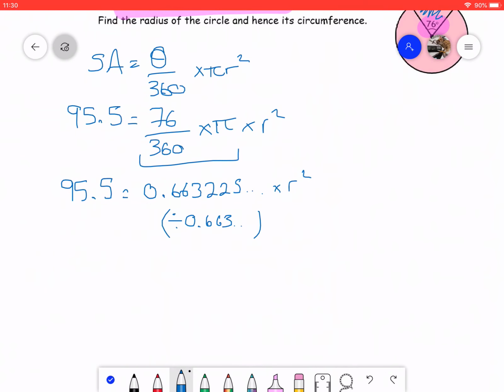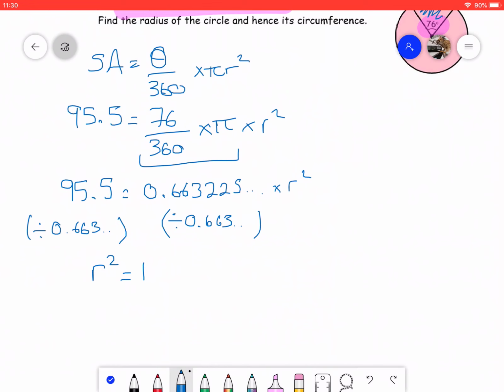You don't have to write all of this decimal down, but you do need to keep it in your calculator. When we divide both sides by that number, we're left with r squared. And remember, if you divide by something smaller than 1, your number's actually going to get bigger.